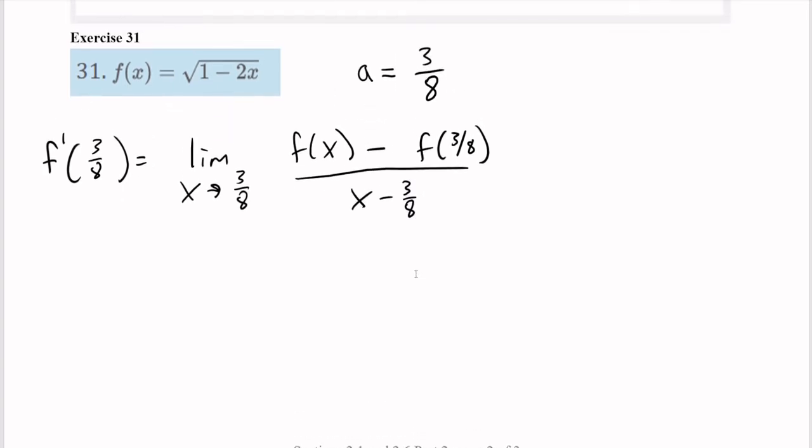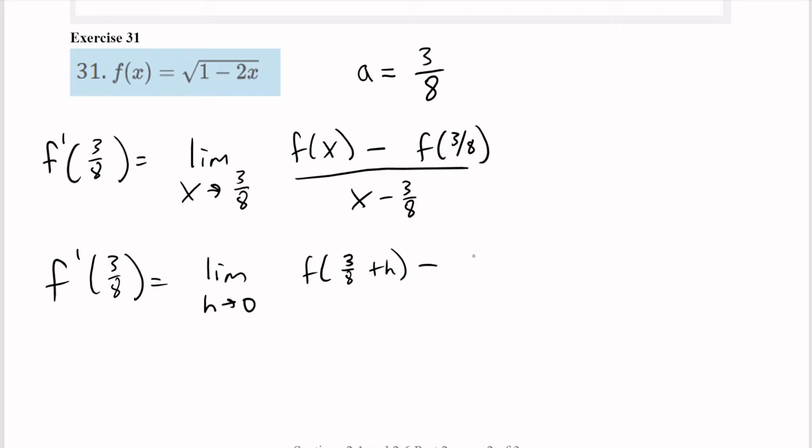So we can also set this up separately as f prime of 3 over 8 equals the limit as h approaches 0 of f of a plus h minus f of 3 over 8 over h. Okay, so it's up to us kind of how we want to do this.